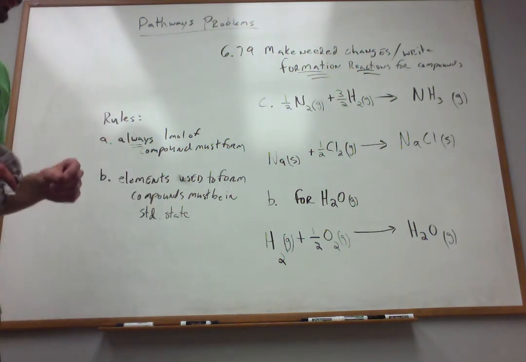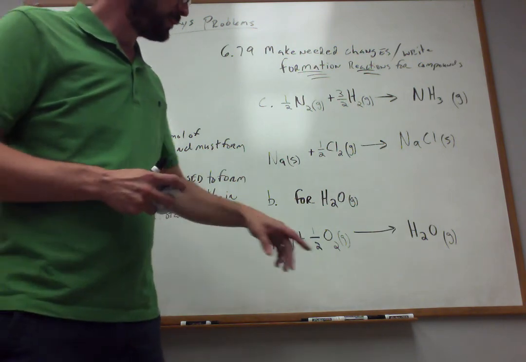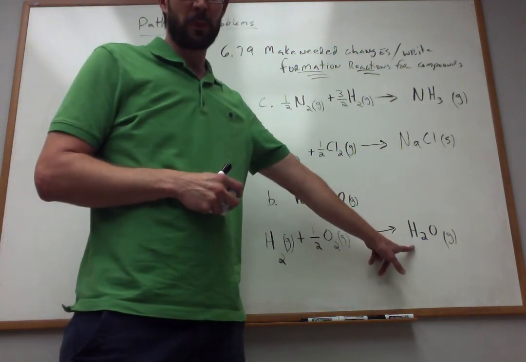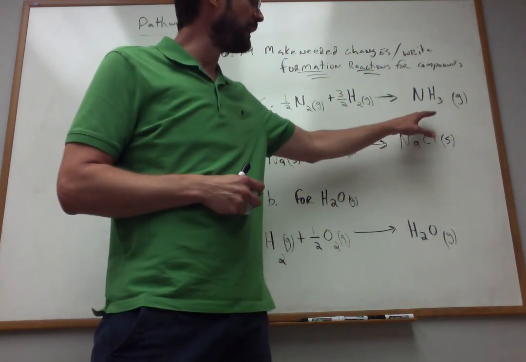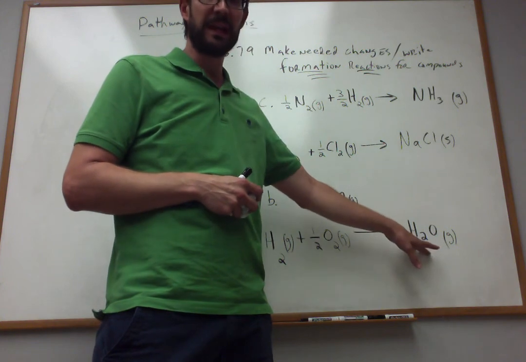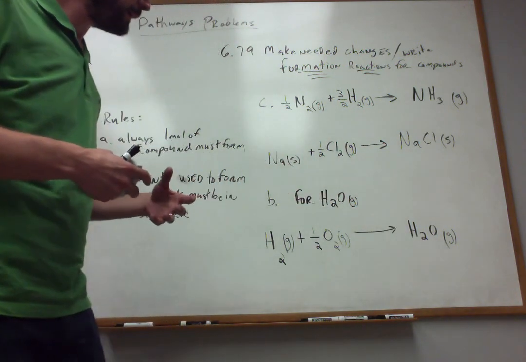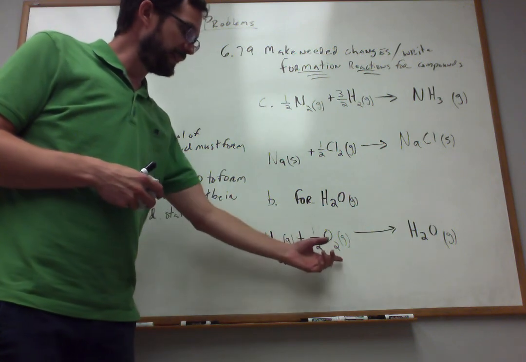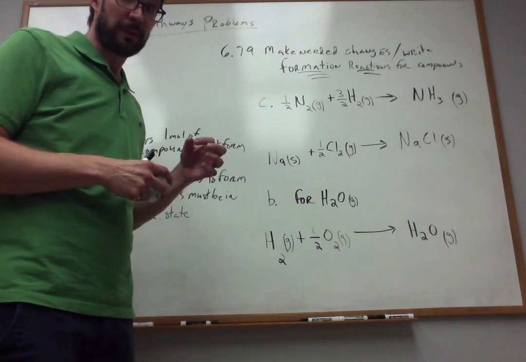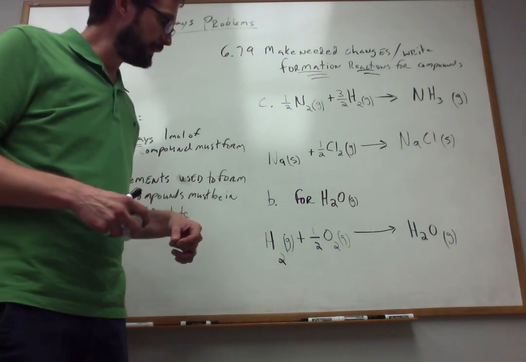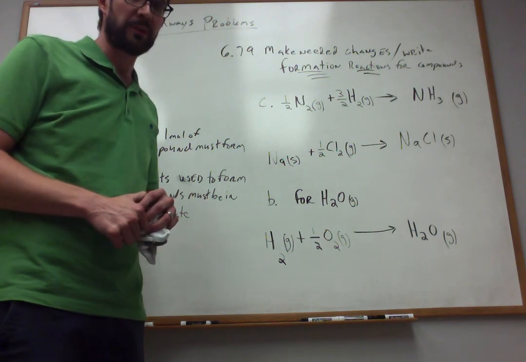That's very, very important. The reason is that we're going to come up with an enthalpy of formation from tabular data for compounds such as water or NaCl and NH3. There are delta H values of formation for these compounds in appendices. We need to make these elements in their standard state so that their formation enthalpies are 0 by definition, and that's why it's super important to make sure that these reactions are written correctly.